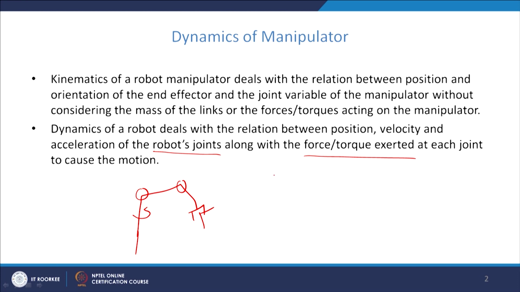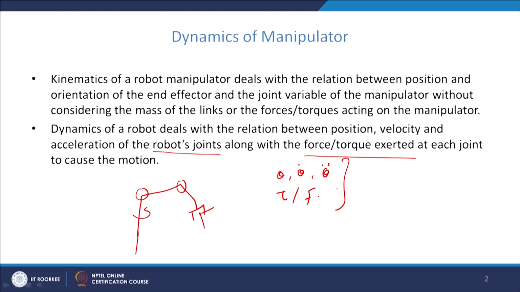So, dynamic equation is basically a relation between the theta, theta dot, theta double dot, where theta is the vector representing the joint angles of the robot manipulator, and the torque or the force acting at every joint of the robot manipulator.